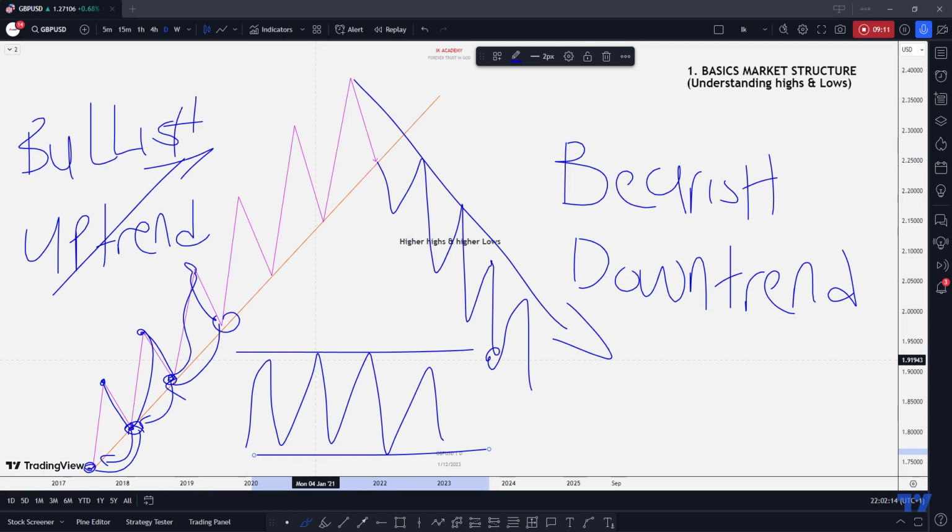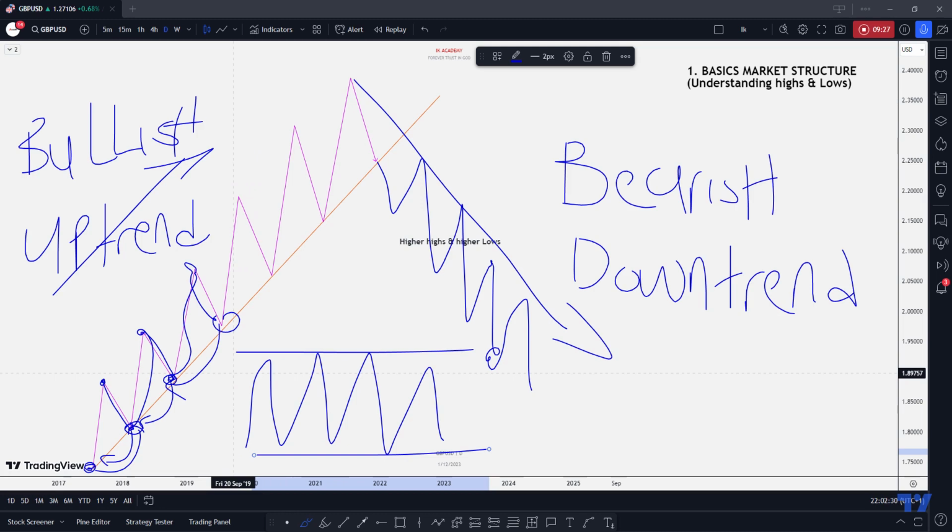Now, what is a bullish trend? The bullish trend is when price is creating higher highs and higher lows in the market. And the bearish trend is when price is creating lower highs and lower lows.